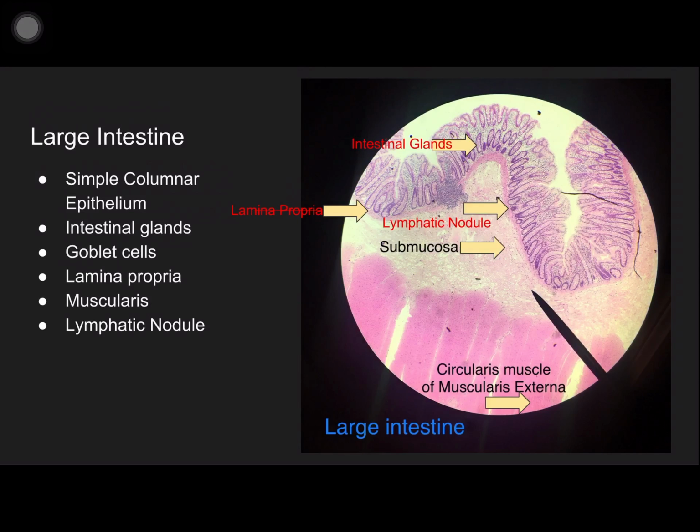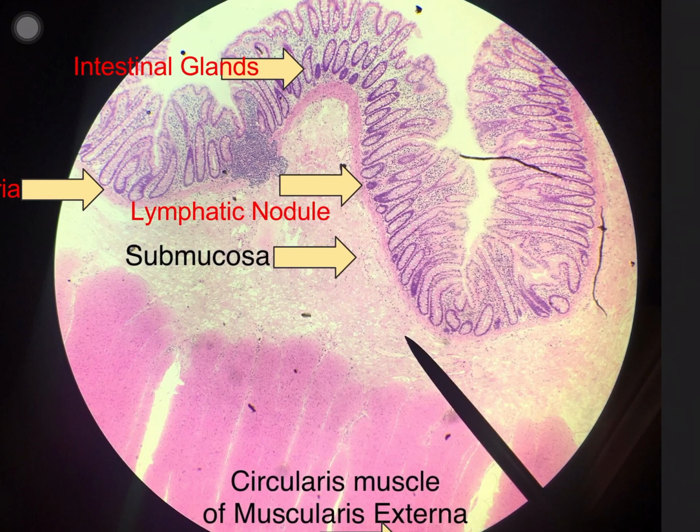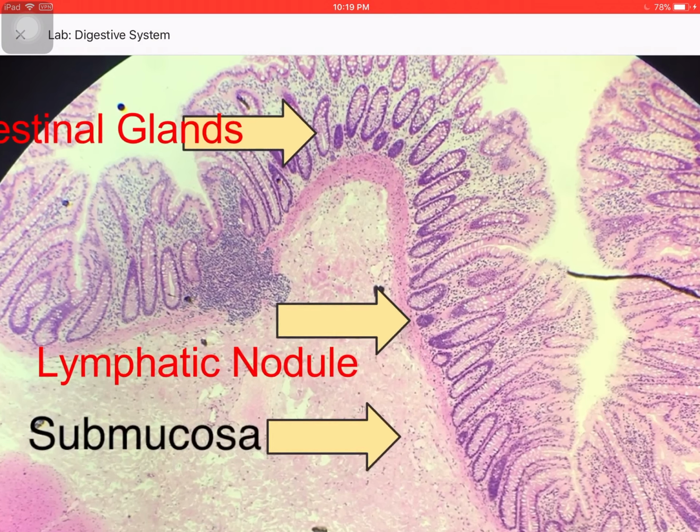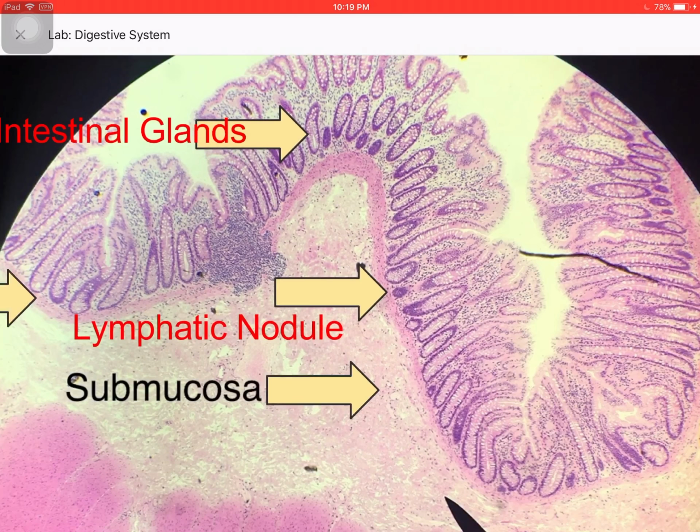Onto the large intestine. For the large intestine, we have to look out for, once again, simple columnar epithelium. Anything that has secretions really has simple columnar epithelium. The intestinal glands, goblet cells, lamina propria, muscularis, and lymphatic nodules. The intestinal glands are those circular things right there.